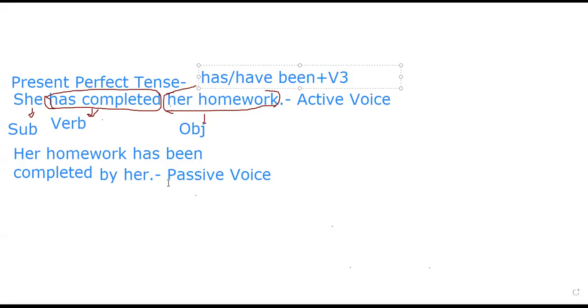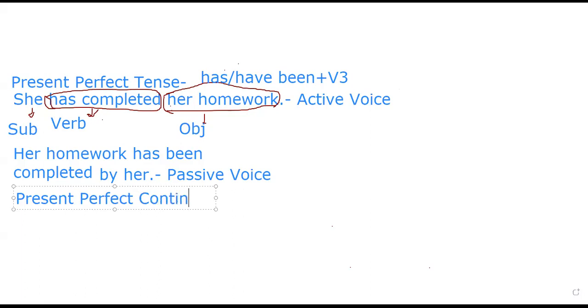Clear? When we change from active voice to passive voice. Now we come to the next type of sentence. What is the structure of present perfect continuous tense?